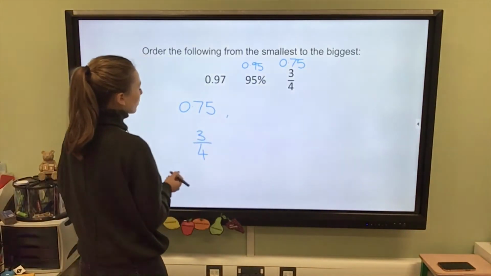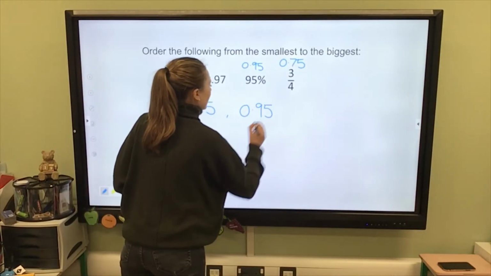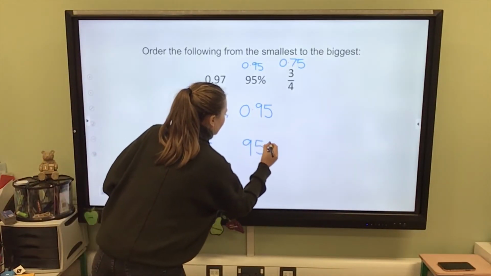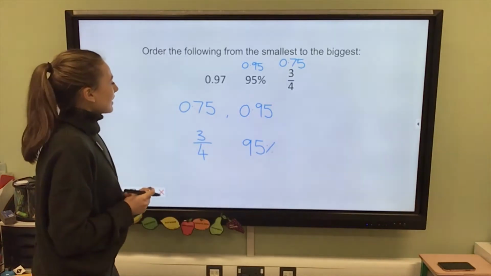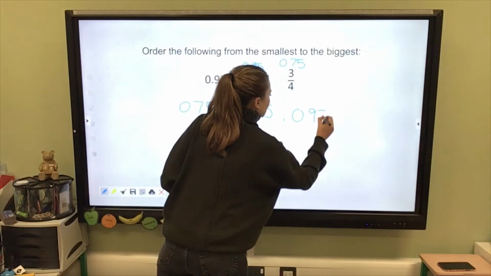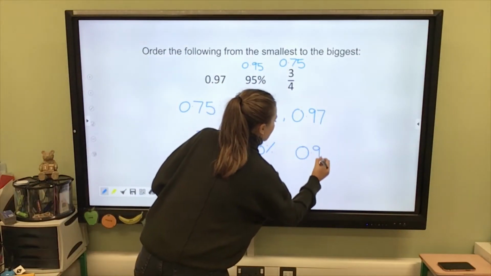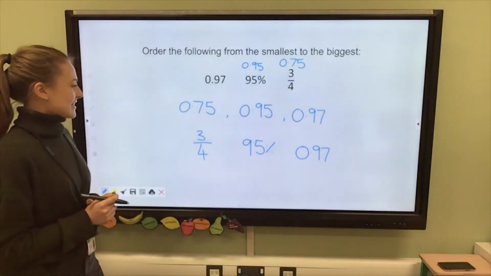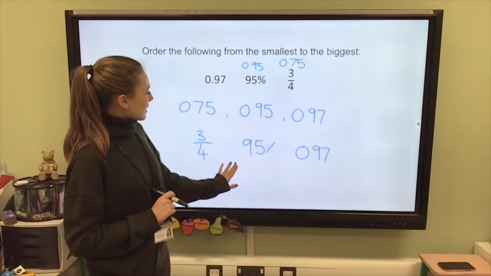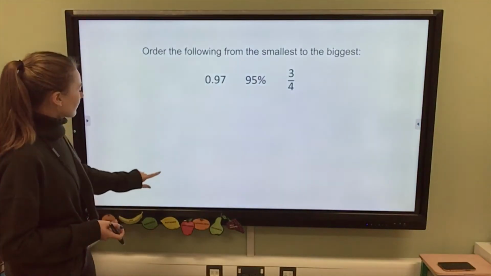So I'm going to put a little comma there and then write 0.95 comes next, which is equivalent to 95%. And so that leaves 0.97 as my largest. That one started as a decimal, so I can leave that one as a decimal. Okay, so there we go. 3/4, 95% and 0.97 from smallest to biggest.